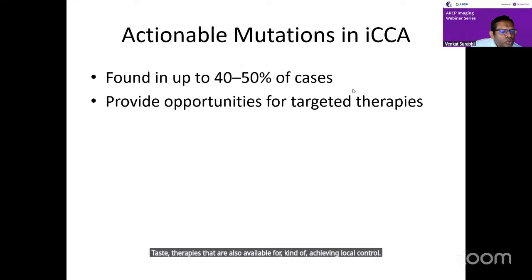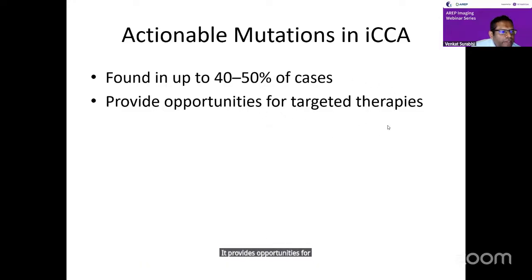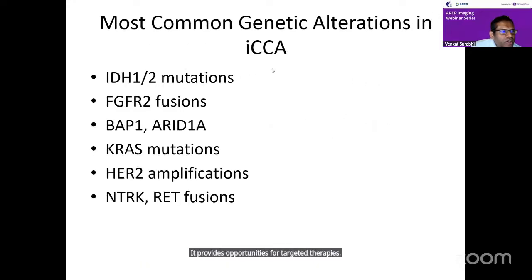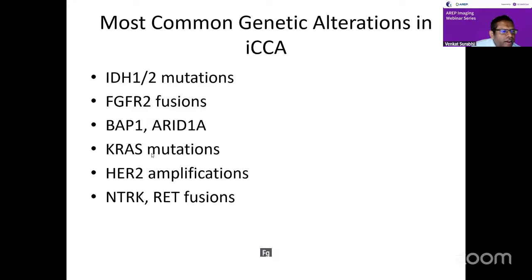So let's go on to the genetic heterogeneity and some actionable mutations in intrahepatic cholangiocarcinoma. These are found in up to 40 to 50% of cases. It provides opportunities for targeted therapies. These are the common genetic alterations in intrahepatic cholangiocarcinoma: IDH1 or 2, FGFR2 fusions, KRAS mutations, HER2 amplifications.